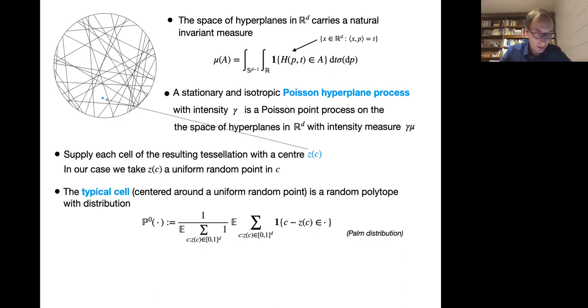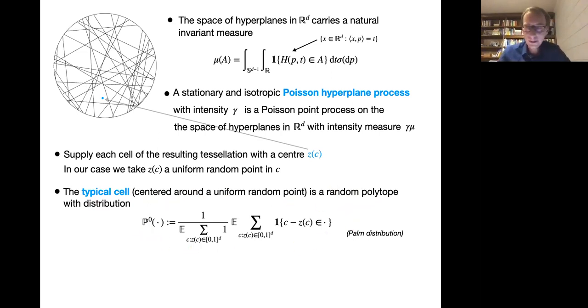Maybe you selected this one, and now you shift this blue point to the origin, and you look at the surrounding polytope that you have shifted. And this is called the typical cell of this Poisson hyperplane tessellation. Formally, this typical cell, which is centered around the uniform random point, is a random polytope, and the distribution of this random polytope is described by this formula here.